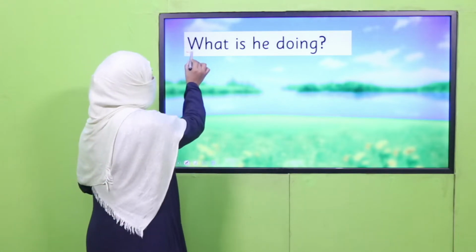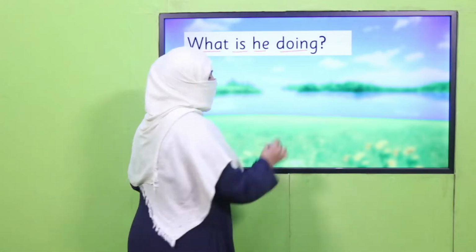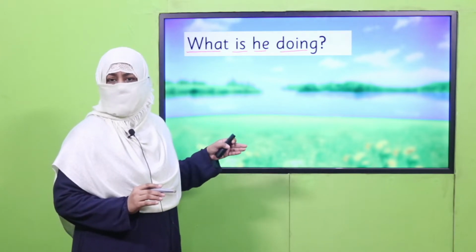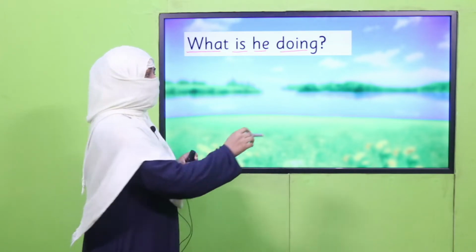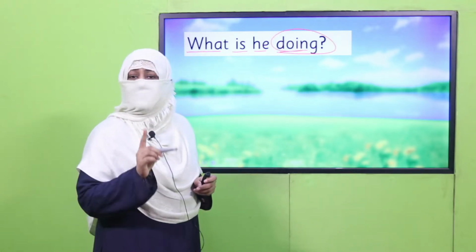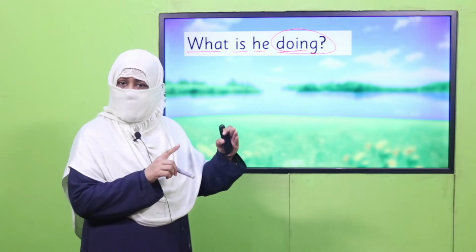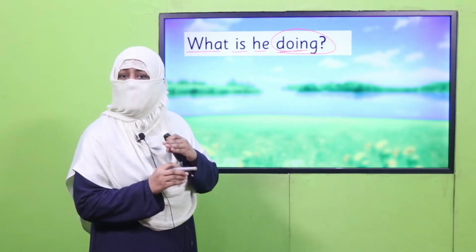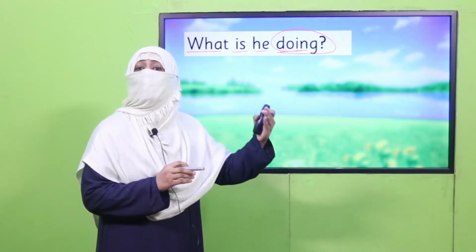If I ask you, what is he doing? So I want to know about a person, what that person is doing. Now the word which will tell about the action of the person is action word, which we have learned before, and now we'll know this action word is actually verb.